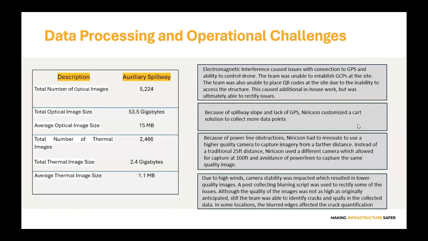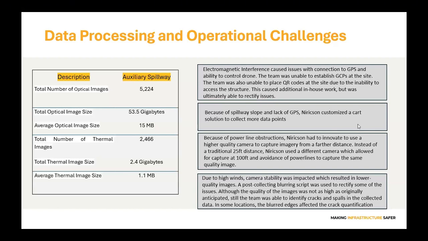For this particular case study, some of the key challenges that we faced: electromagnetic interference was causing issues connecting to the GPS, which affects the positioning of the device. Because of the grade on the spillway, we invented a unique cart solution to collect data points on this structure.